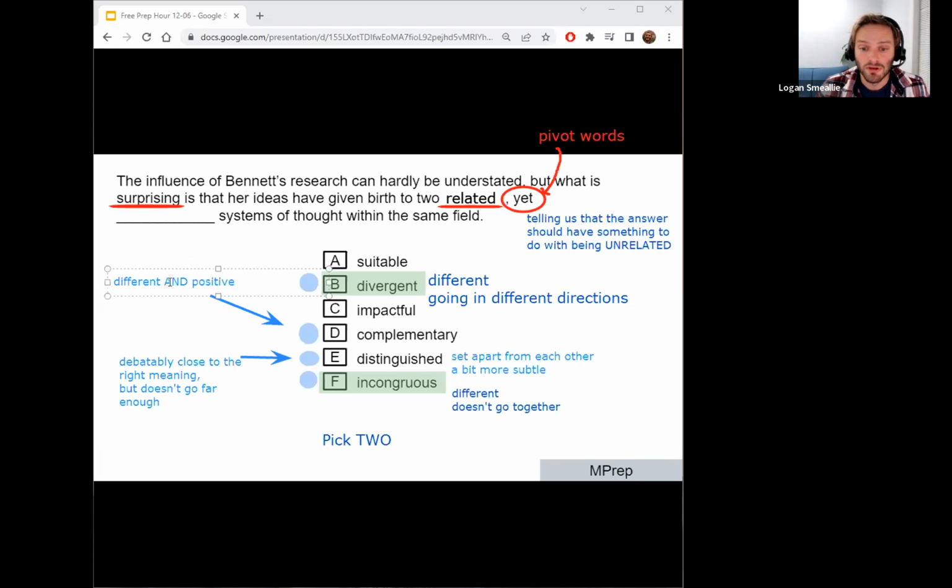So not only is this not quite proven, we don't really know that these ideas are good, even though we know that they are from this same influential person. But the other main reason we can't pick complementary is it doesn't match the tone of the sentence, which is a nice, more neutral tone. Complementary is more positive.